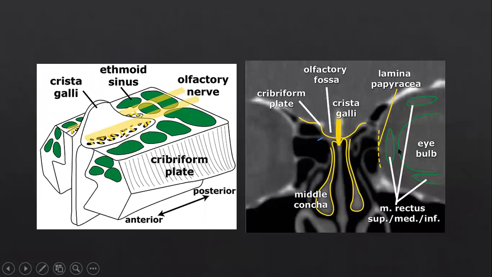An important thing to identify when we're looking at the ethmoid is the roof of the ethmoid, and the roof of the ethmoid is crucial because above the roof of the ethmoid is the anterior aspect of the base of the frontal lobe. And we have looked at this before. In the midline we have got the crista galli.